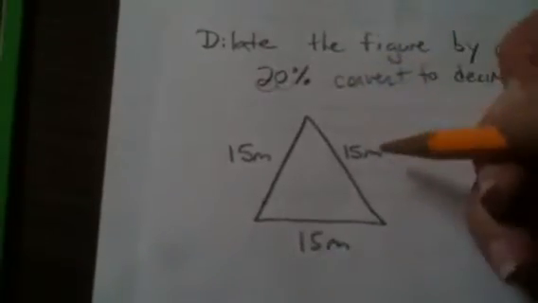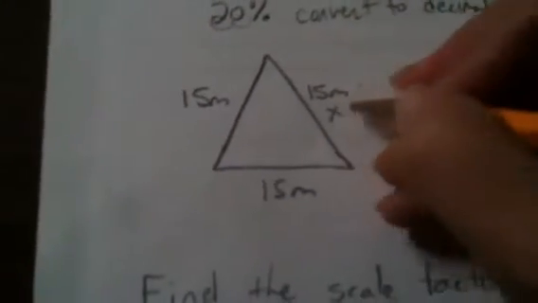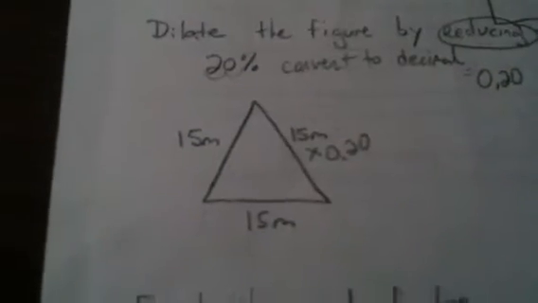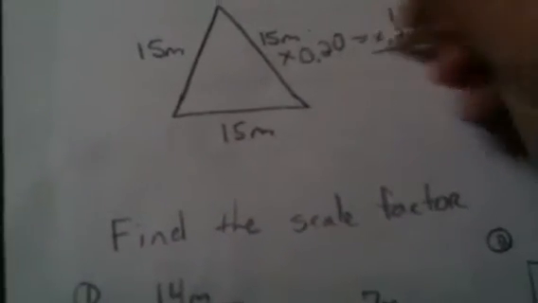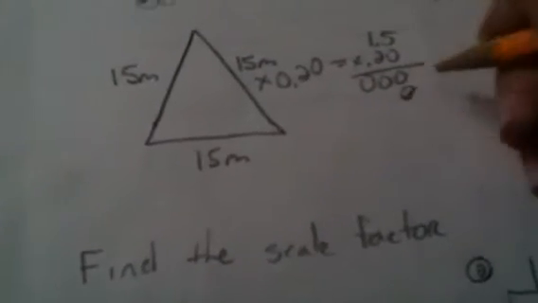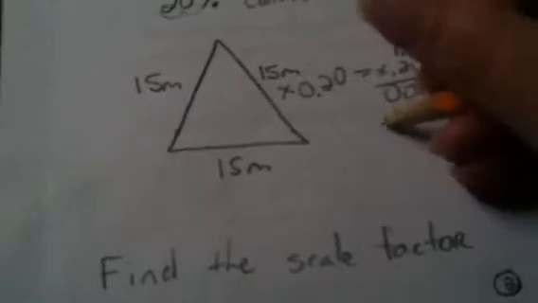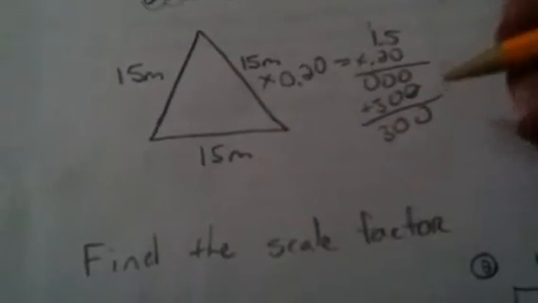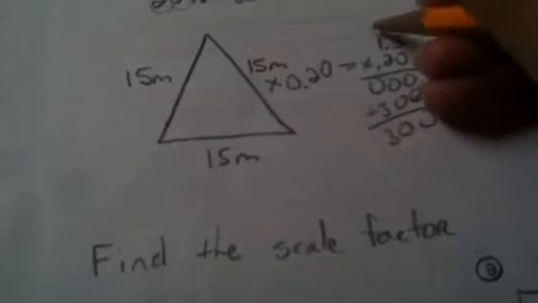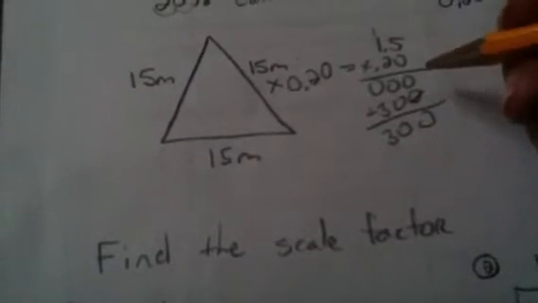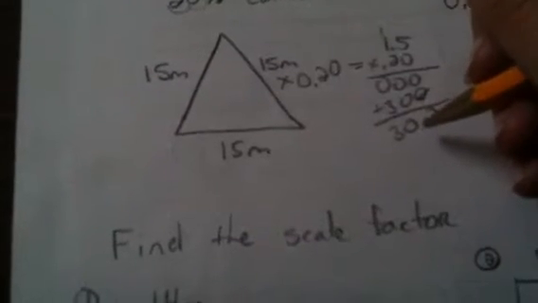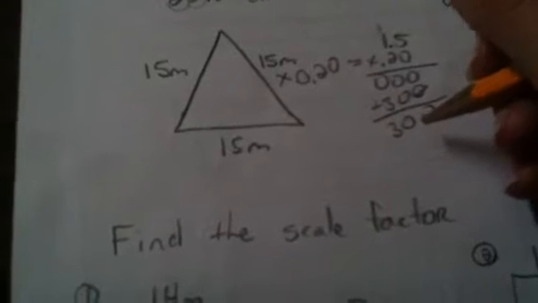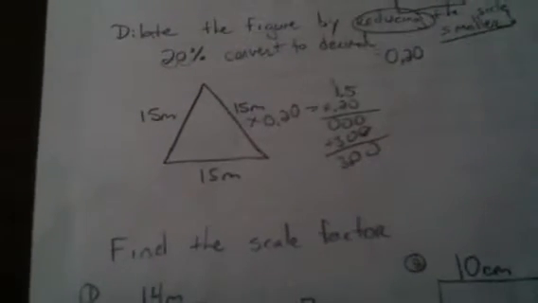All right, so I need to take this and multiply it by my decimal. And when I multiply 15 times 0.20, create my placeholder, I get 3.